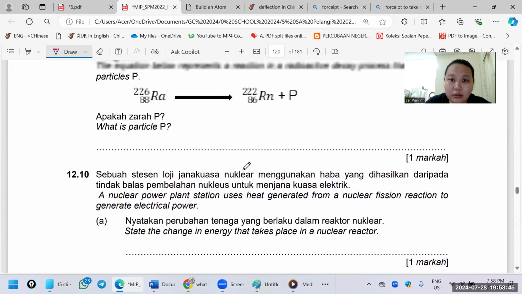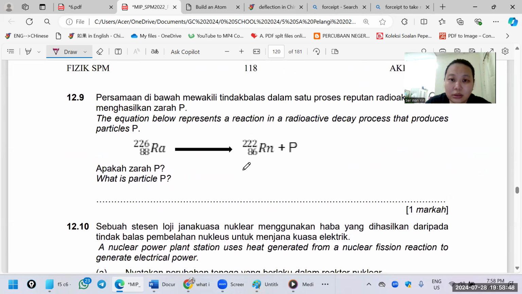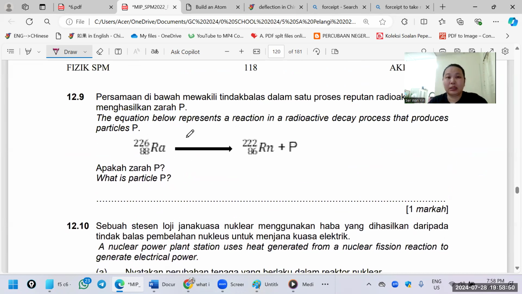Okay, so now I've come to this. The equation below represents a reaction of radioactive decay process that produces particles P. Actually, we also learned it before, but I bet you forgot it. It's quite easy to do this question. You can see this is 226, this is 88, this is 222, this is 86.